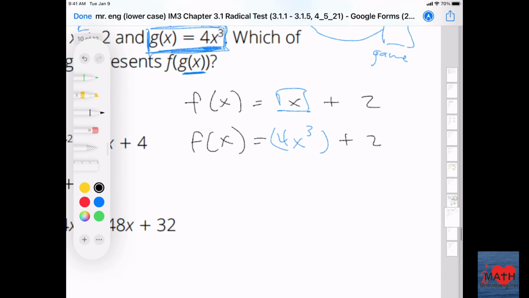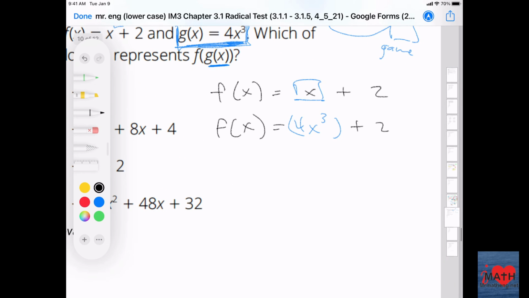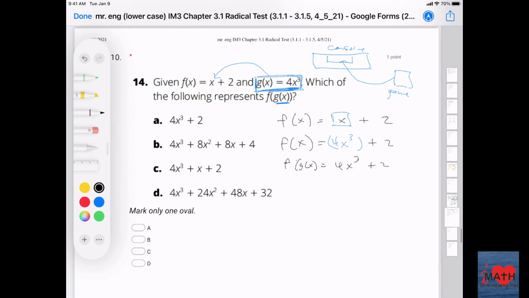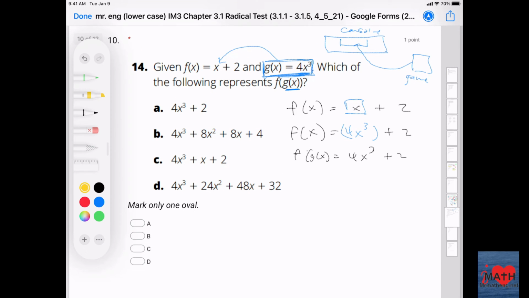Now because you have addition, you don't really need to do anything here for question number 14, right? So you can drop the parentheses. And which one of those looks like this in our multiple choice? This one is this one. For 14, the answer is A.